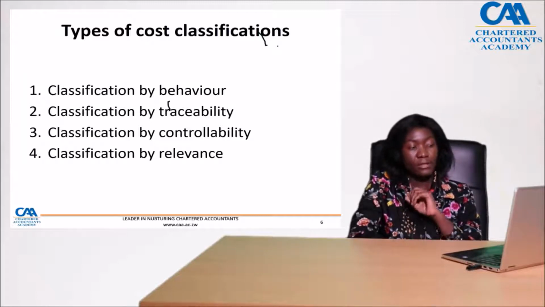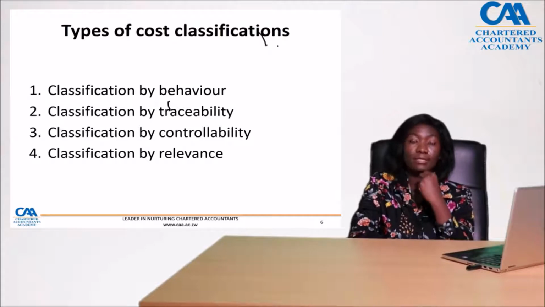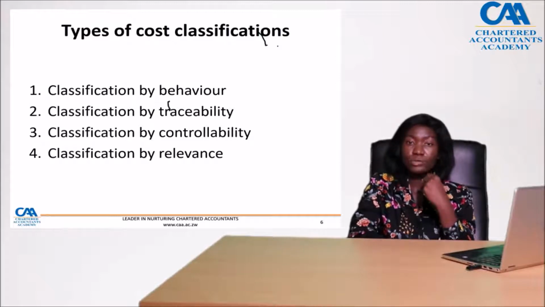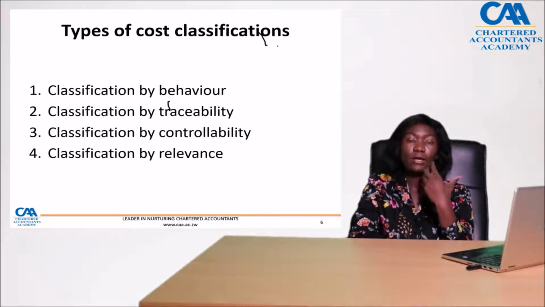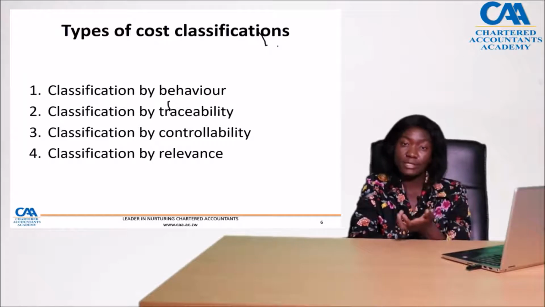Moving on, the third class is classification by controllability, meaning what? Can I control that cost, or can I not control that cost? From there, I have what we call a committed cost and a discretionary cost.